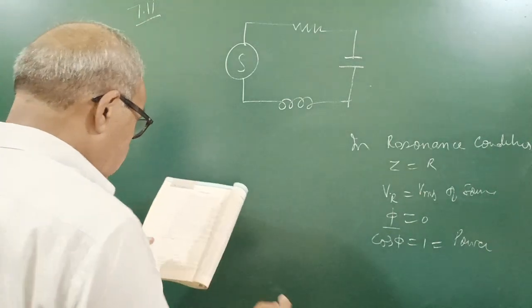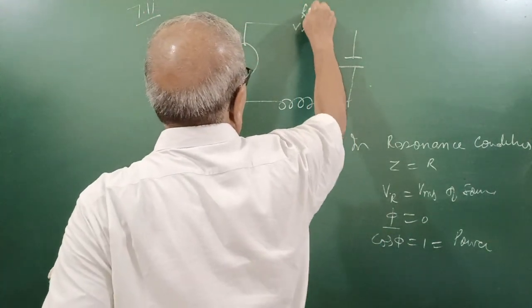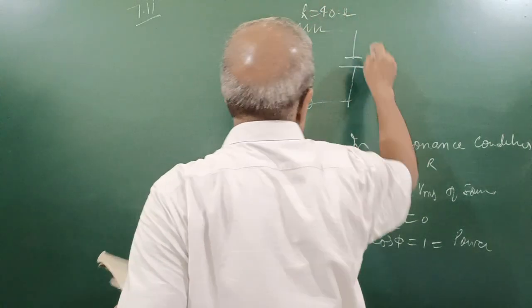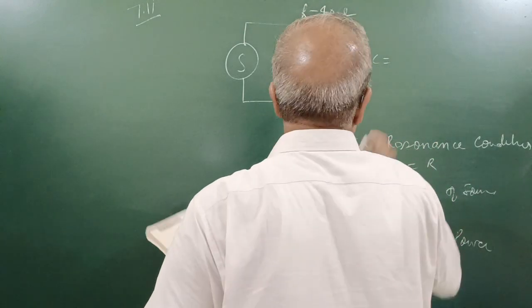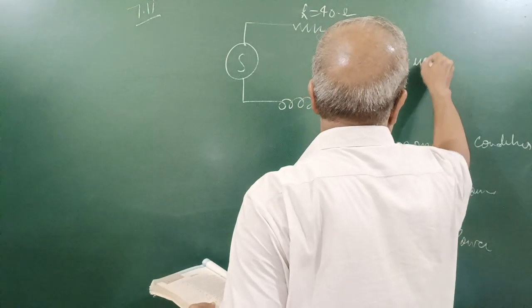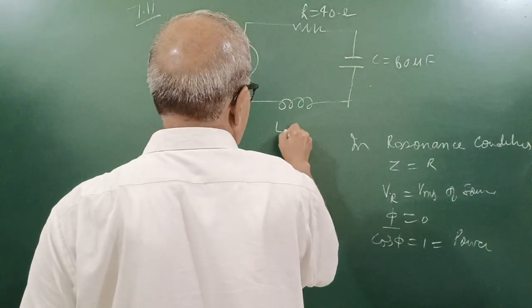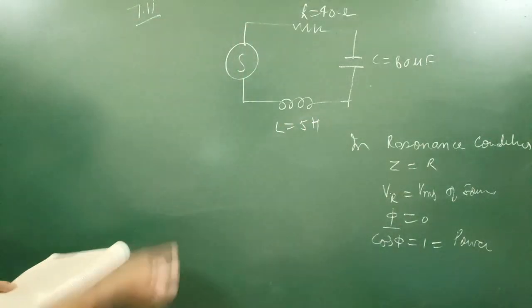This R here is 40 ohm, C is equal to 80 microfarad, and L is equal to 5 henry. Though 5 henry inductance is not possible, they have given it.